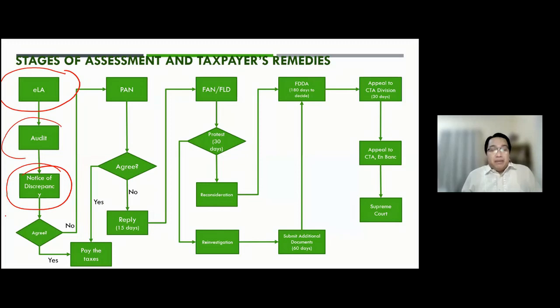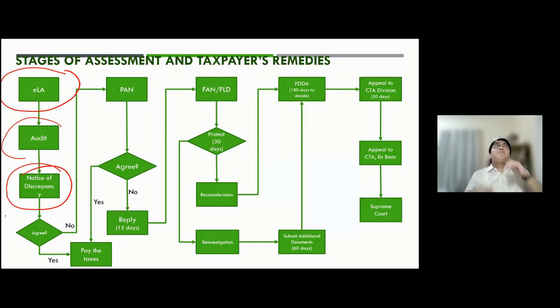But there was a time that the issuance of notice of discrepancy is not part of due process requirement. And that is during the effectivity of Revenue Regulation 18-2003 na tinanggal ang requirement ng notice of informal conference.